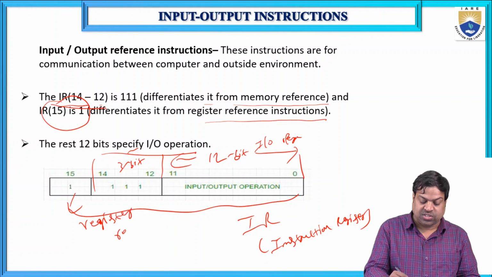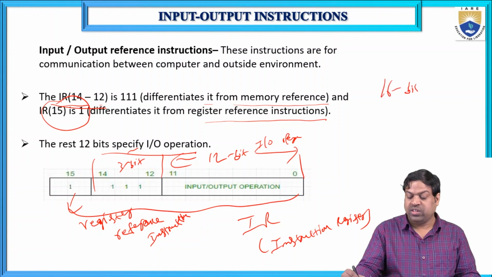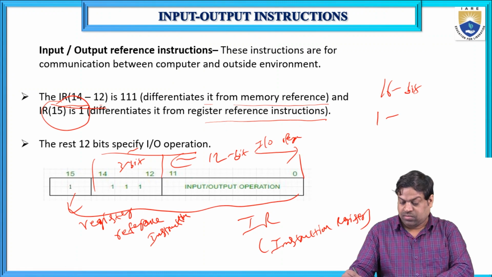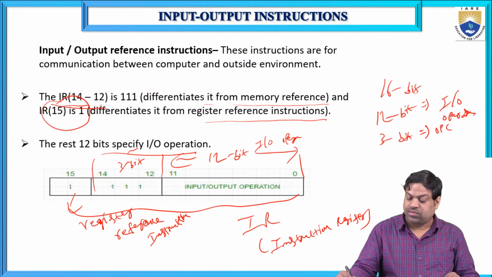So the total 16 bits of data is divided as follows: 12 bits are for input output operation, 3 bits are for opcode, and 1 bit is for reference. So total 16 bits.